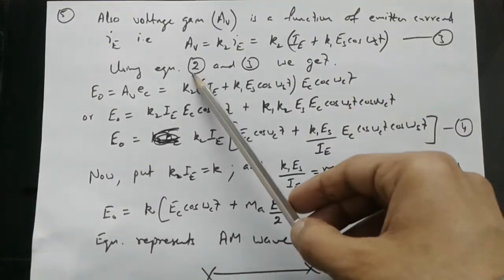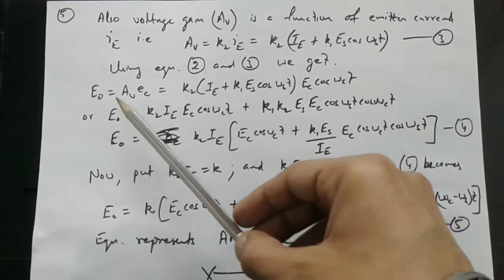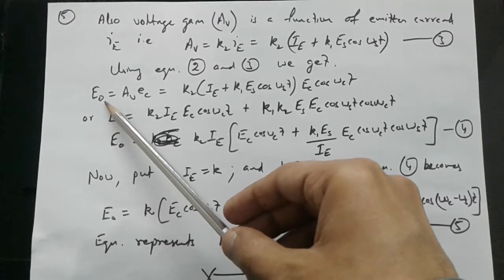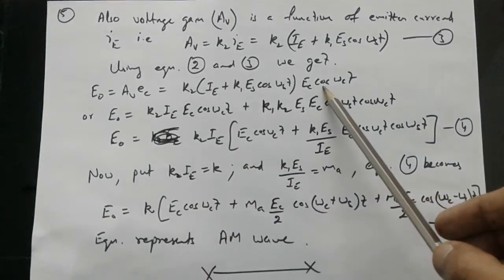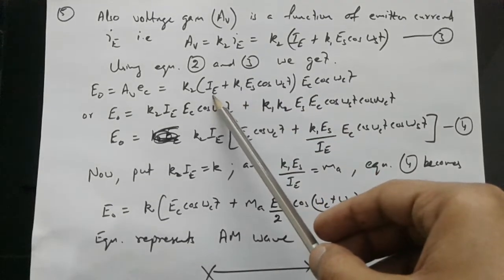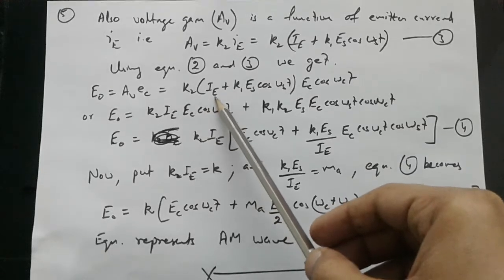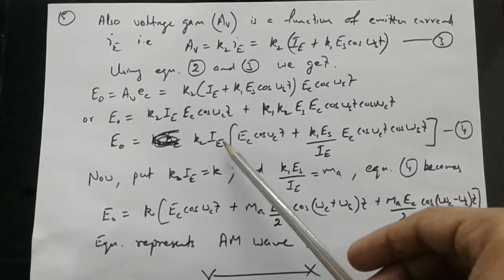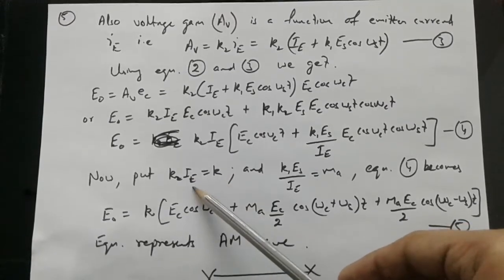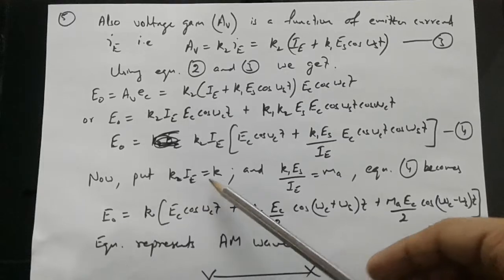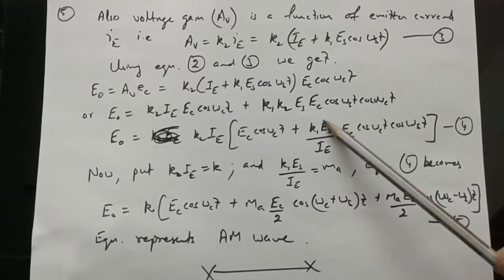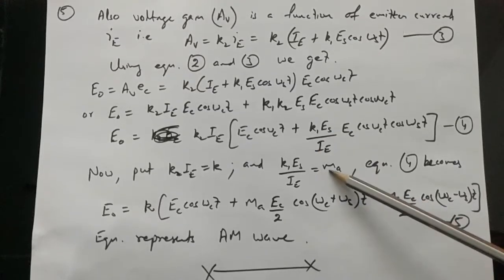Now using both equations 2 and 3, we get the voltage of the AM wave, which we denote by E naught. If we simplify or rearrange the above terms, we put K2 IE equal to K, because IE is a constant DC current as the Q point is fixed, and the modulation index is the ratio of K1 ES over IE.